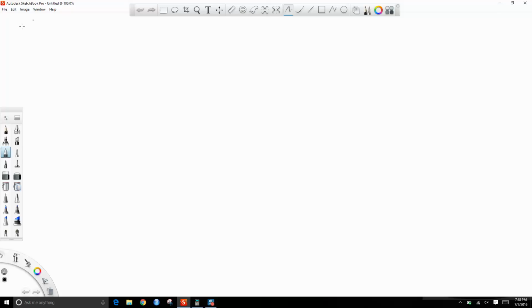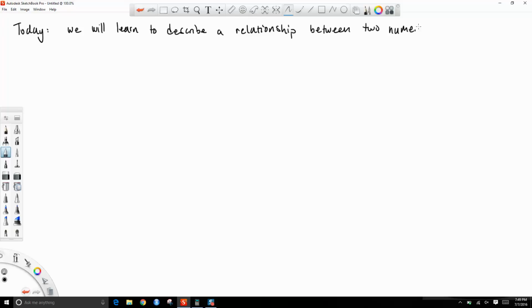Okay, so today, we will learn to describe a relationship between two numeric variables. And the key parts are the shape, the direction, and strength.